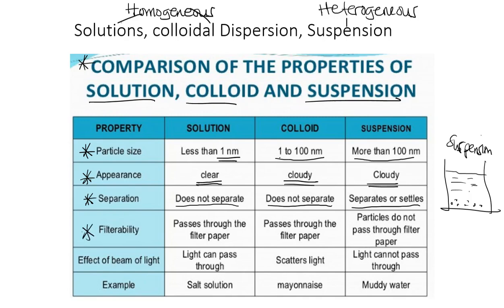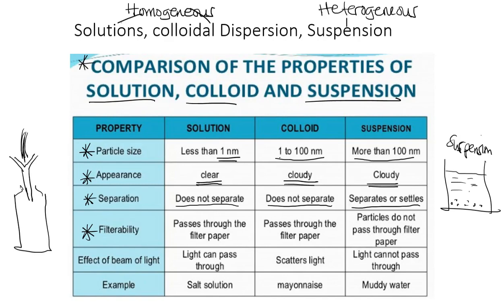You can also look at filtration. So filtration is like you have a container here and you have a filter funnel. You can put a paper here and then you pour your solution in here.